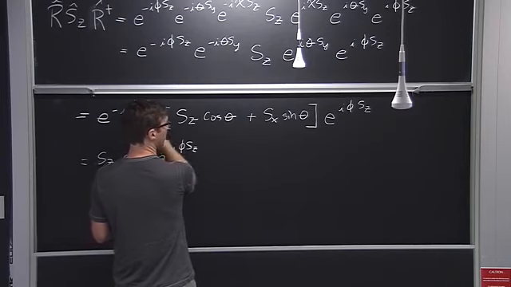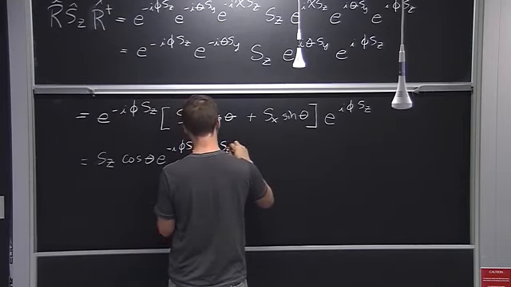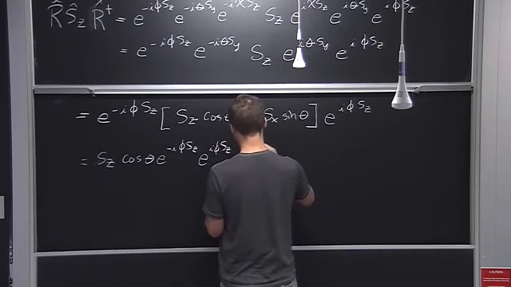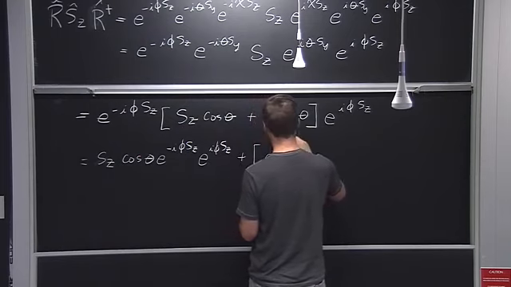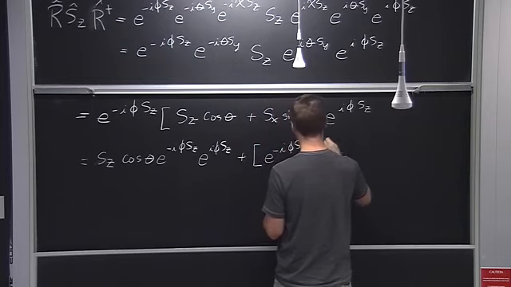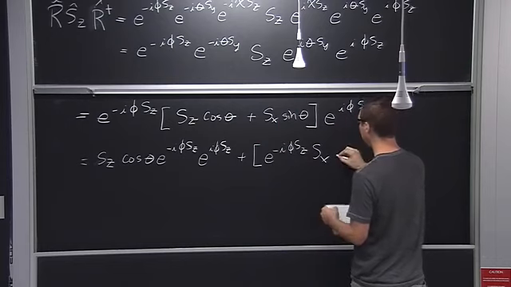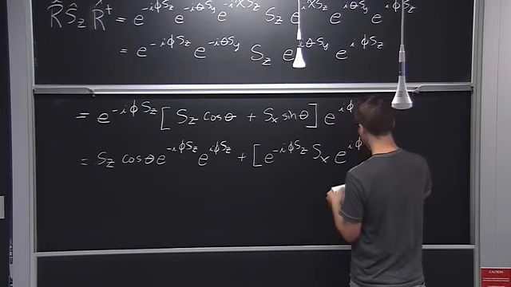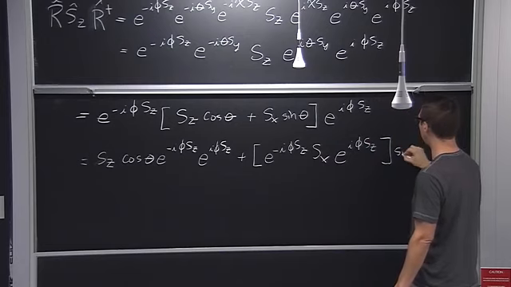And this one's multiplied by, oh yeah, i phi S_z. I could have got rid of those. Then I have S_z, S_x, and then e^{iφZ}, sine theta.